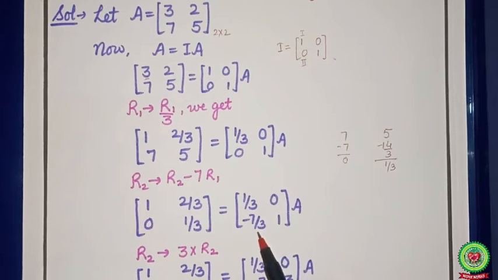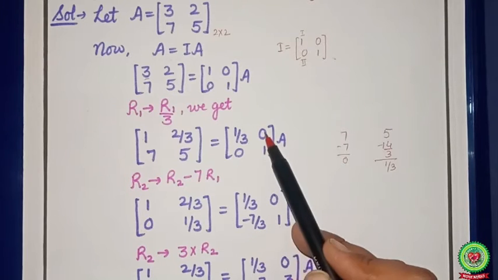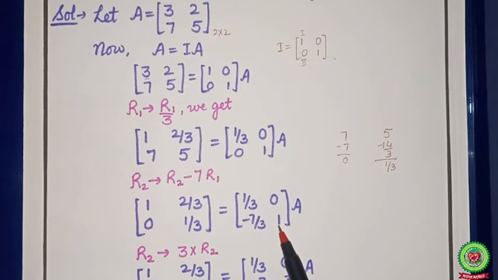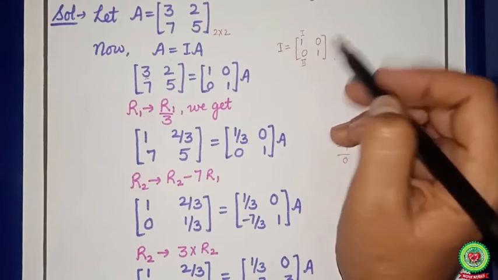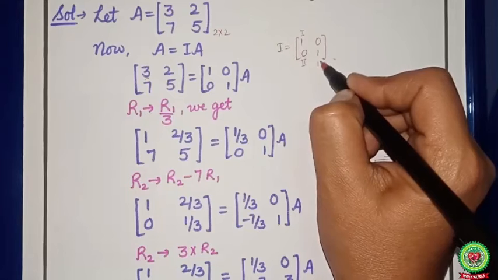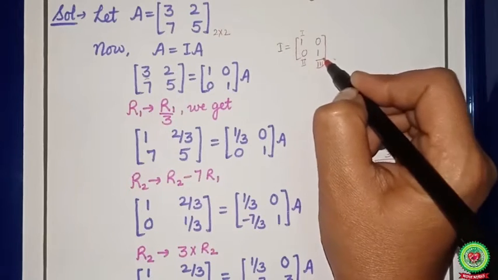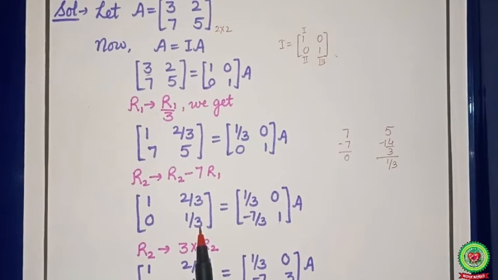So we get minus 7 by 3. Here 1 minus 7 times 0, so answer will be 1 only. Now we get these two elements. Now we will make the third element, this one, as 1. So we will work for this one now. Here 1 upon 3 is there and we require only 1.